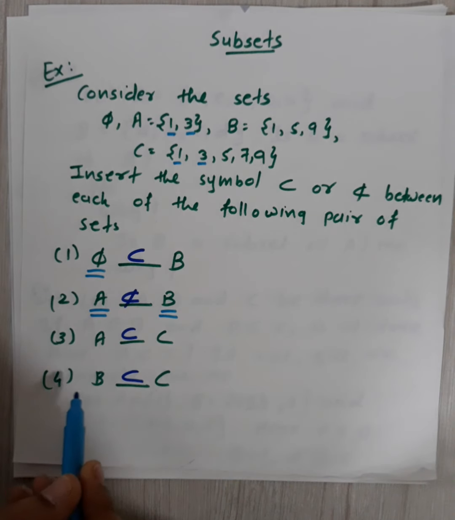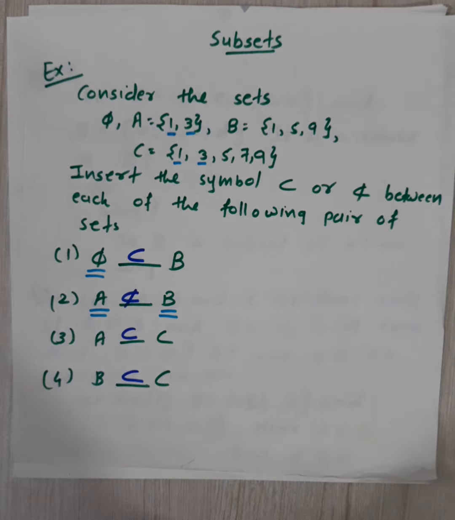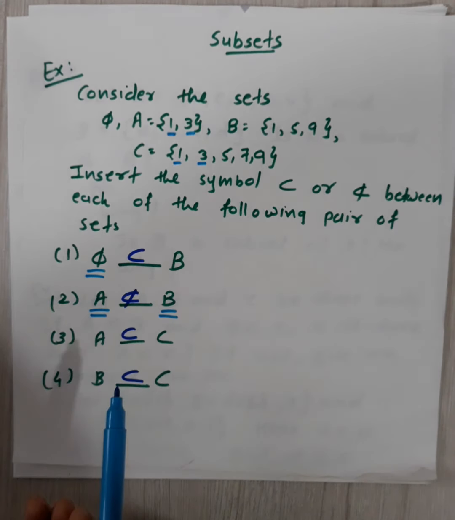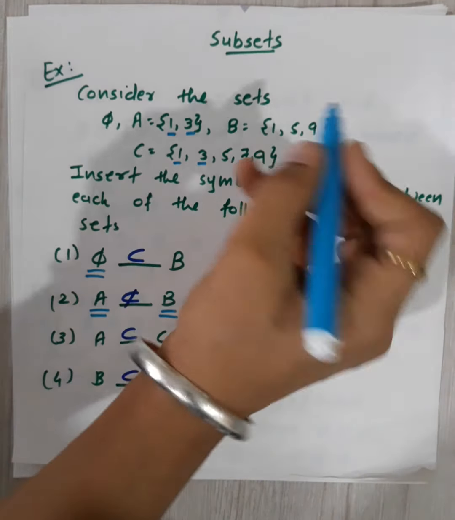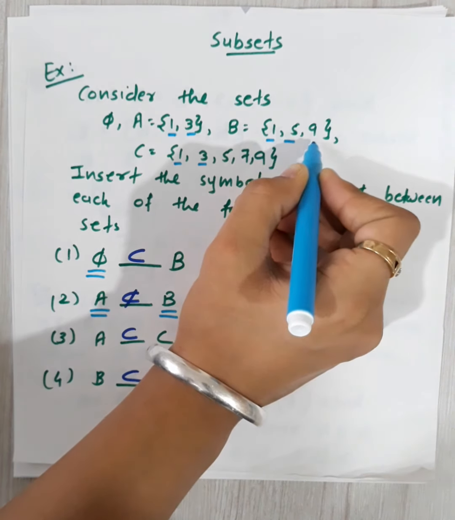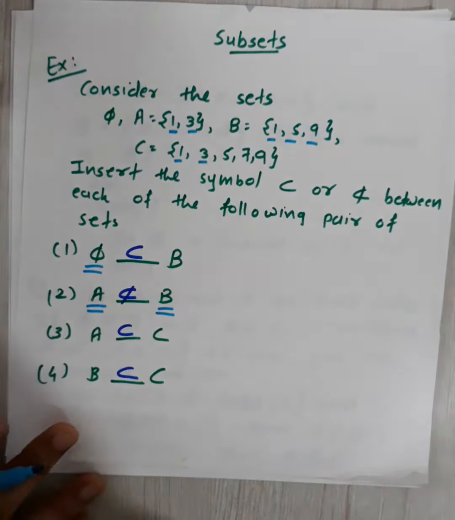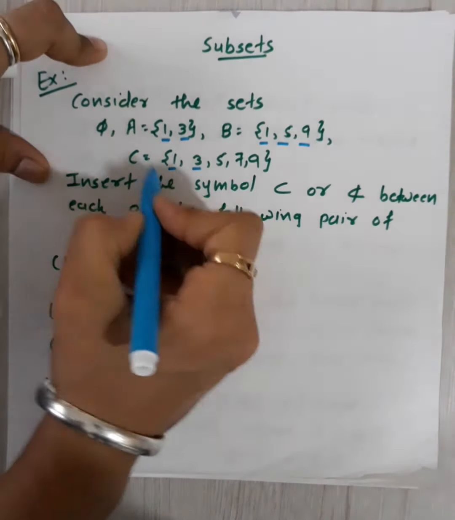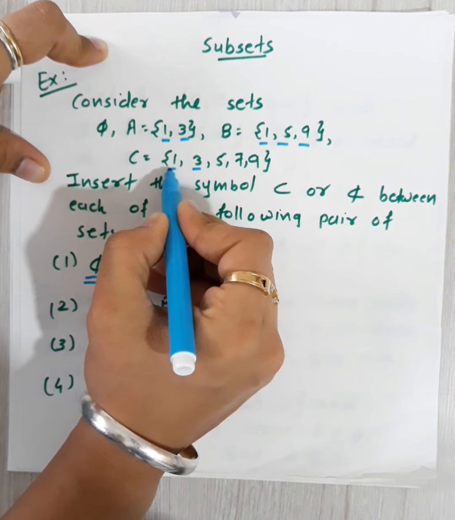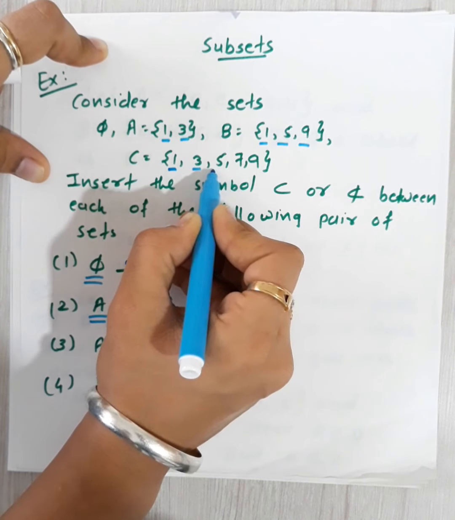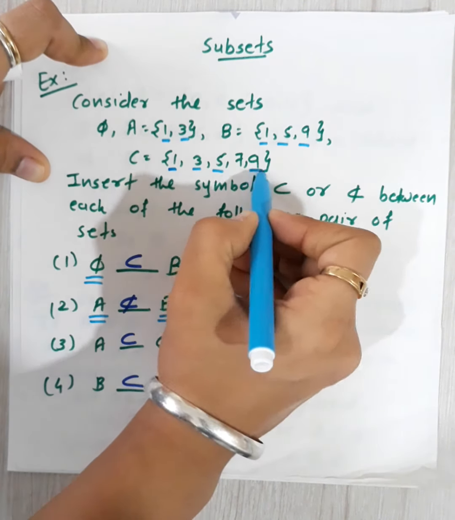Now B dash C. B is {1, 5, 9}. Now see, in your set C you have 1, 5, 9. Yes, 1 is here, 5 is here, 9 is here.